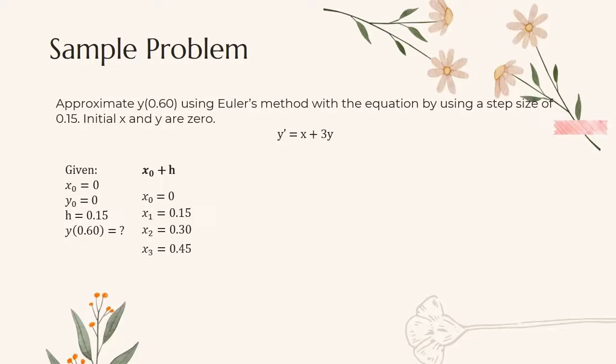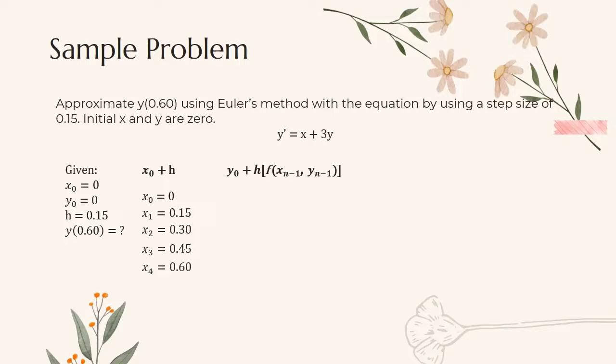X sub 3 is 0.30 plus 0.15 is equal to 0.45. And x sub 4 is 0.45 plus 0.15 is equal to 0.60. And now that we have found that 0.60 is the fourth value of x, we are going to stop there and proceed with the values of y.